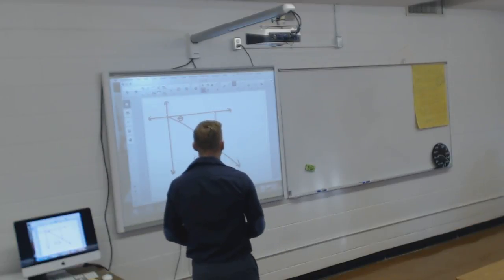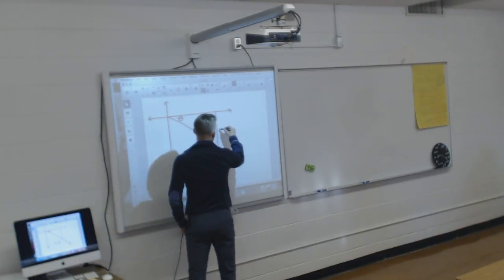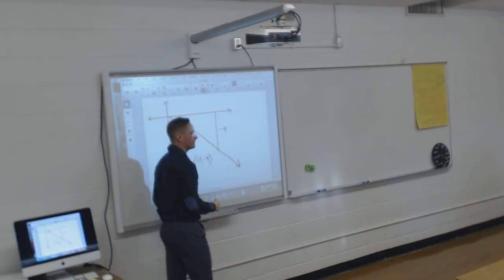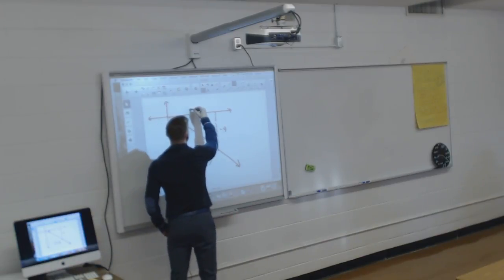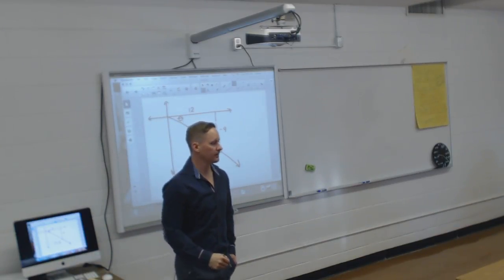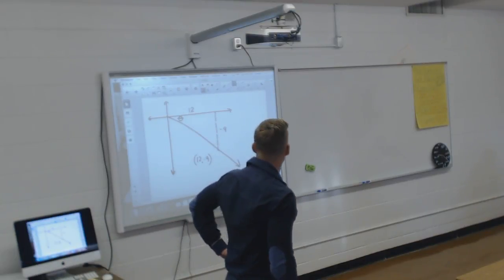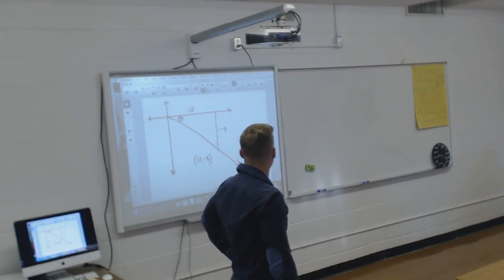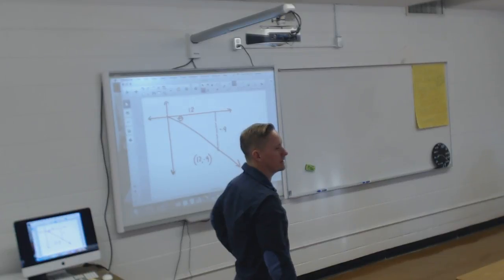Okay? So what's my y value? Negative 9. What's my x value? 12. That's based on my coordinate. So what do you suppose the first thing is that I need to find in order to get these ratios?